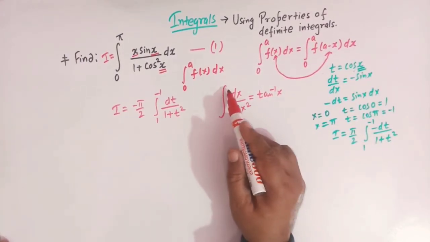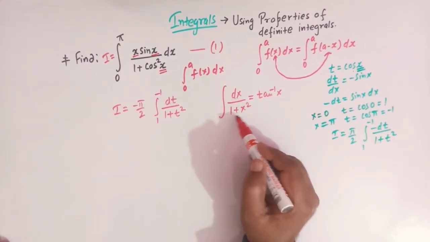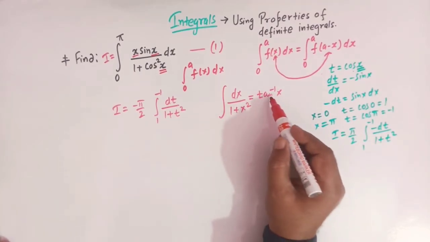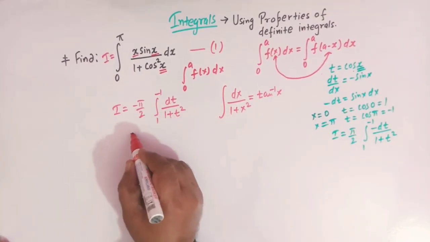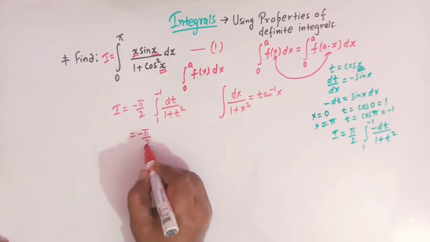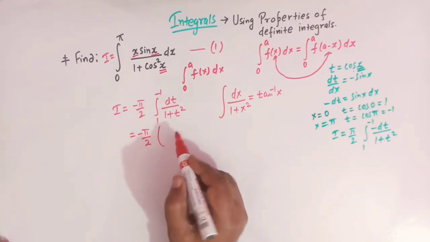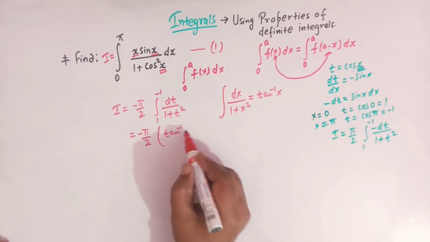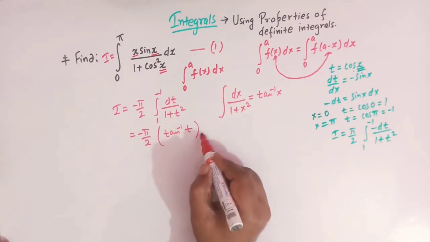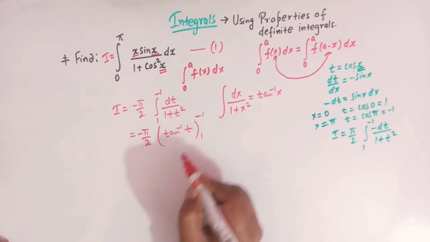So the integral of 1 over 1 plus x square is equal to tan inverse x. So here we have minus pi by 2, and we have tan inverse of t, and the limits are from 1 to minus 1.